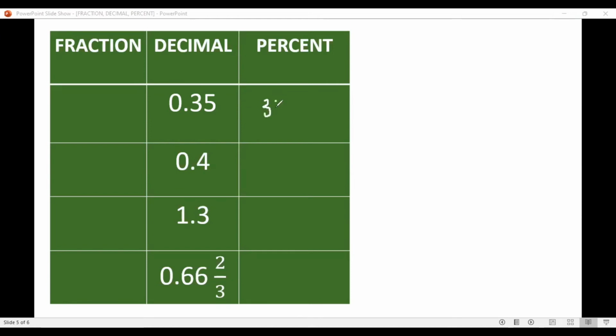So we know that this will become 35%, and then 0.4 multiplied by 100 is actually 40%. The 1.3, again, you multiply this by 100%, so that becomes now 130%. And of course, your 66 and 2/3 percent, or 0.66 and 2/3, will just simply be also 66 and 2/3 percent. As simple as that.